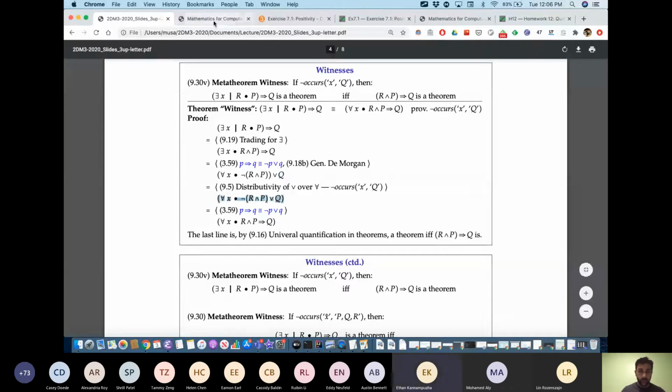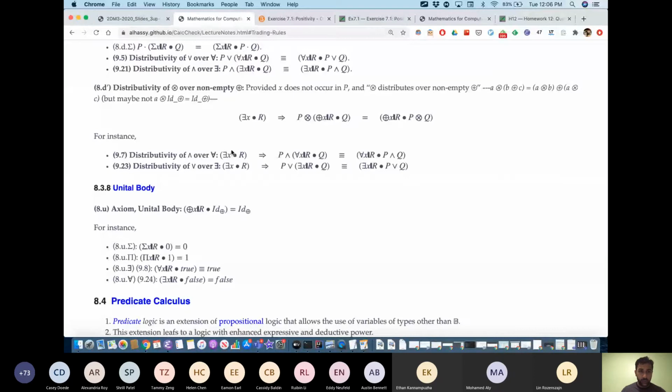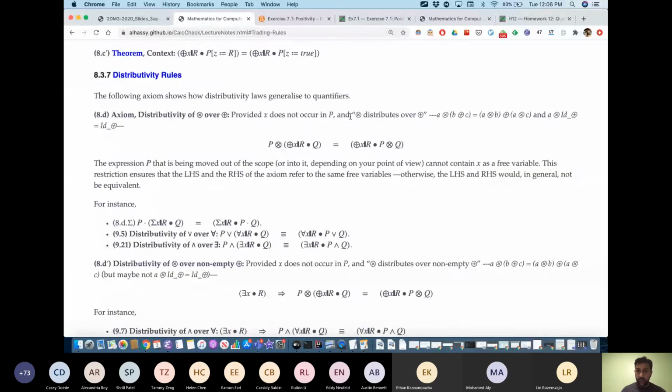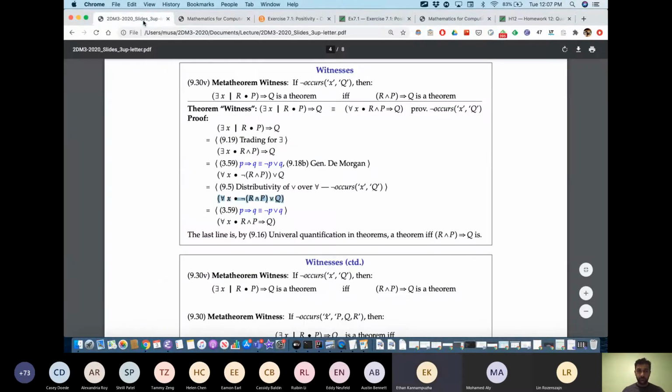So in general, whenever an operation distributes over the other, like times distributes over plus, and you have a times outside a quantification, you can bring the times inside the quantification. You might have seen, if I multiply over a sum, I can get a sum of products. Okay, I see, thank you.